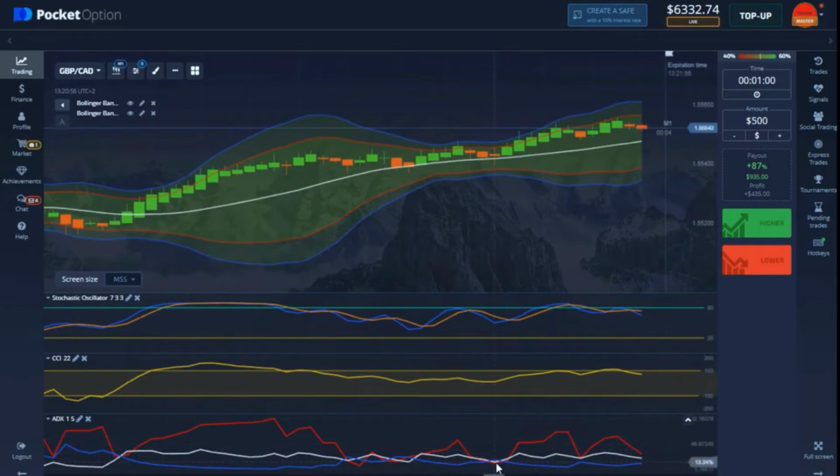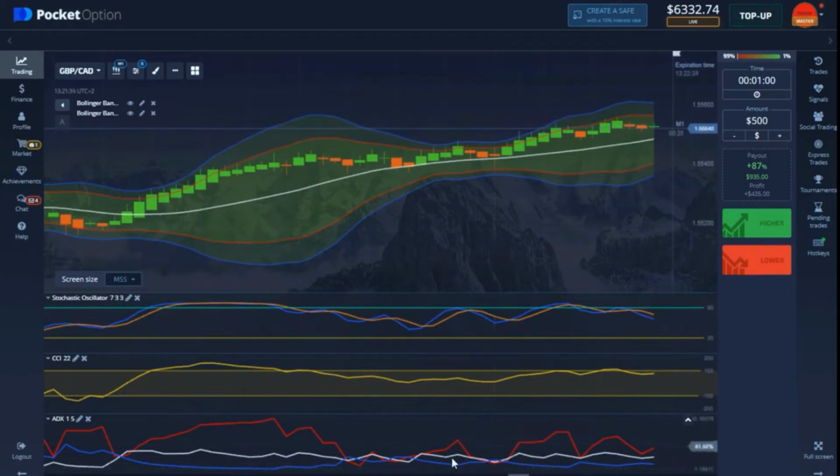What I mean by that is the red, the white, and the blue must intersect each other if we are taking a trade. For example, if we are taking a trade to come down, we need to have all the lines match each other, just like this example. All the lines must intersect each other, and they must be in the oversold position before we enter a trade.